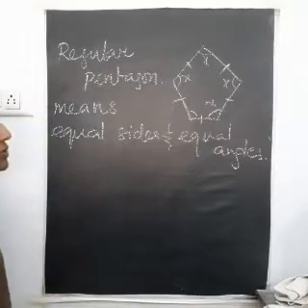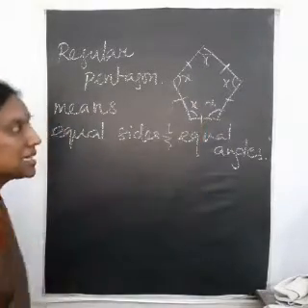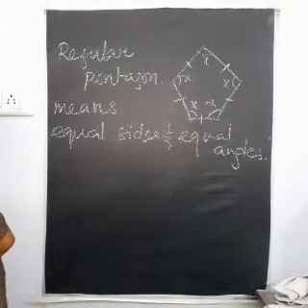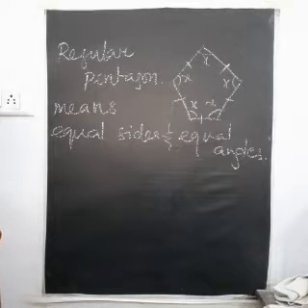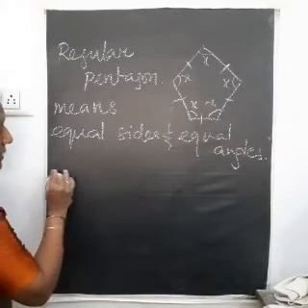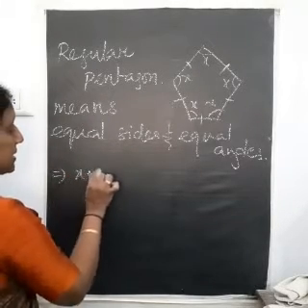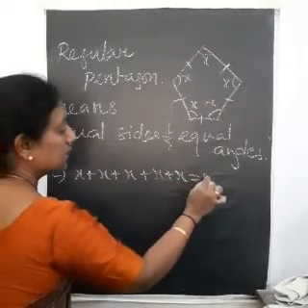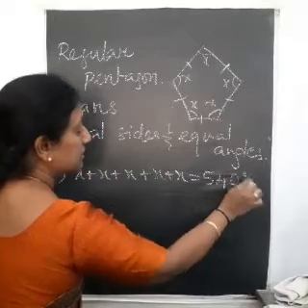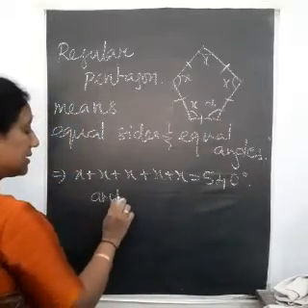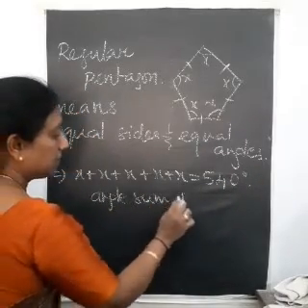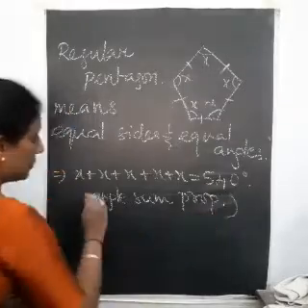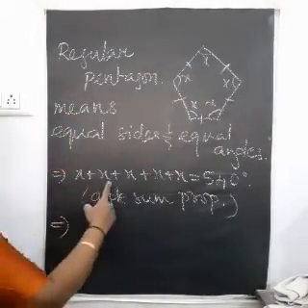Right. So in a pentagon we just saw that the angle sum property is all the angles add up to 540 degrees. So let us see. That implies x plus x plus x plus x plus x is equal to 540 degrees. What is this? Angle sum property. Okay. Now once you have got that, all these are like terms.